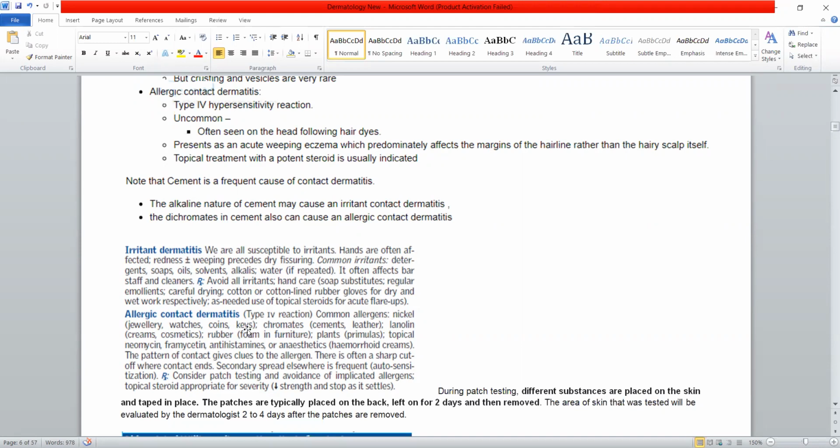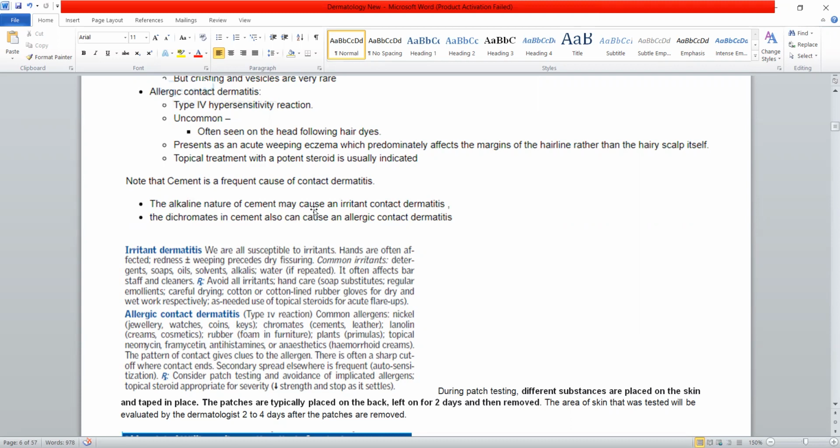So if someone, after contact with jewelry, watches, coins, and keys, develops a rash at the point of contact, then it will be allergic contact dermatitis. Chromates that are present in cements and leathers can also cause allergic contact dermatitis. Remember that cement is a frequent cause of contact dermatitis.